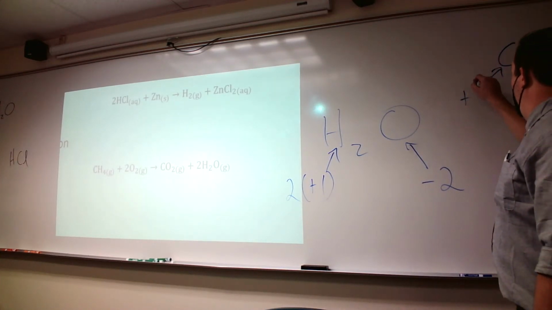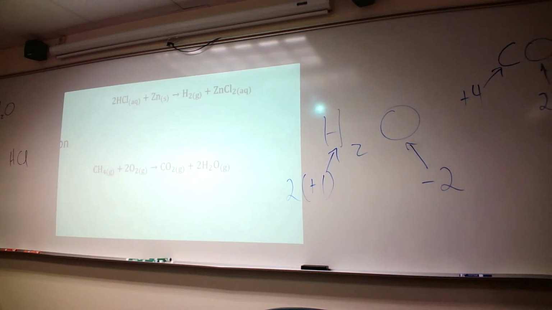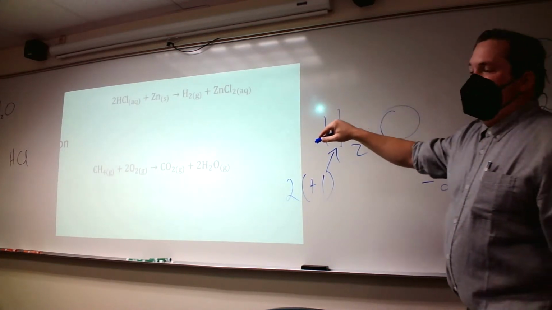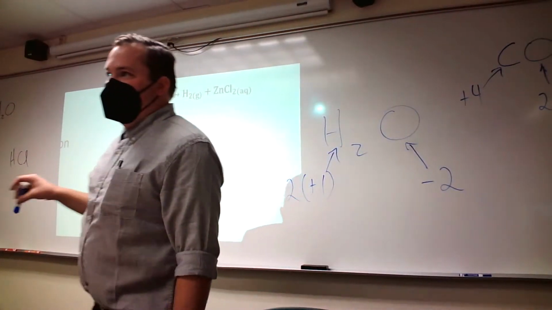Or I shouldn't keep saying charge. It works the same way as dealing with ionic compounds, but we call it oxidation state, because it's not like the carbon actually has a +4 charge. It's a theoretical way of estimating how much access to electrons the carbon has. Why do you call it charge? You can think of it like charge. For the purpose of this, it's not wrong to think of it that way.